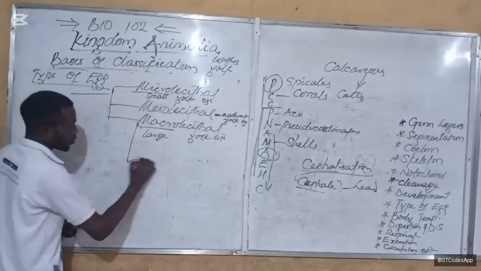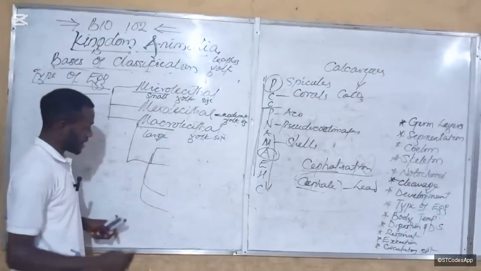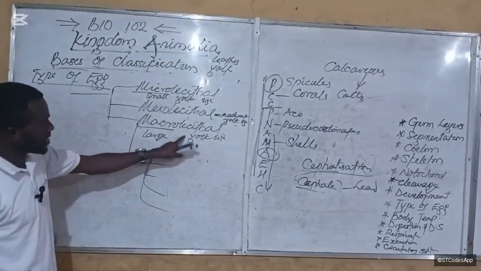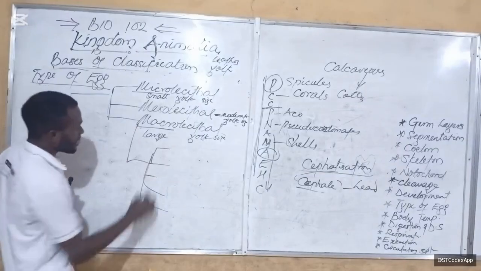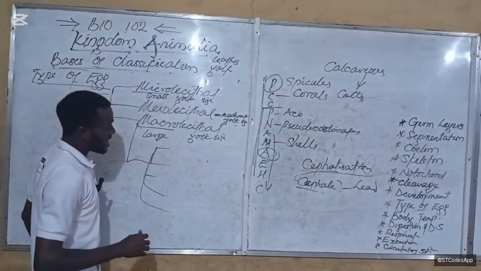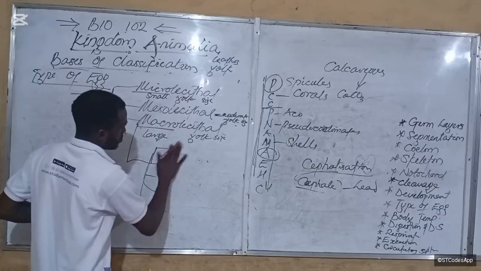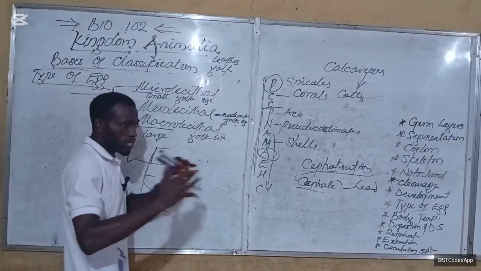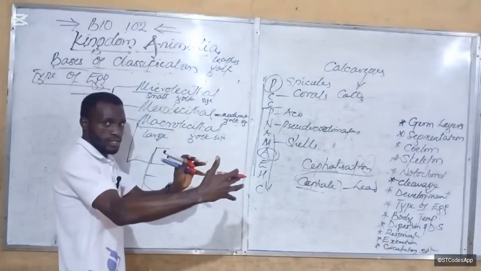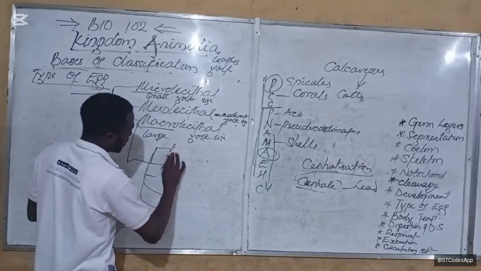And in fact, these ones are divided into like 3 or 4 or 5 based on the position of that large yolk. So we have some that are positioned on one vegetal end of the egg. We call them the telolecithal.